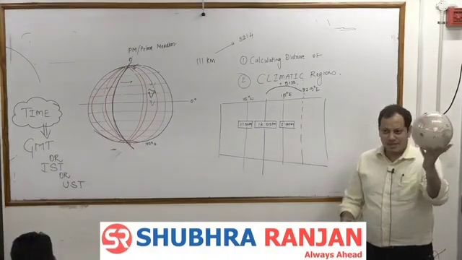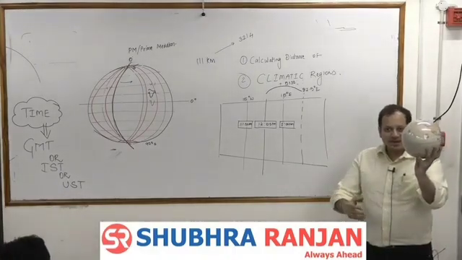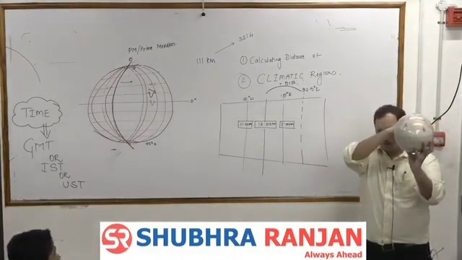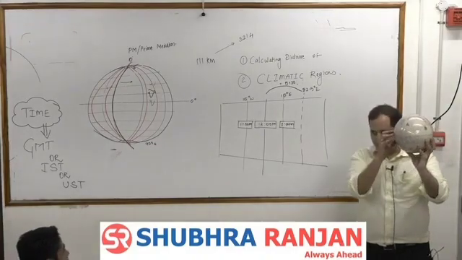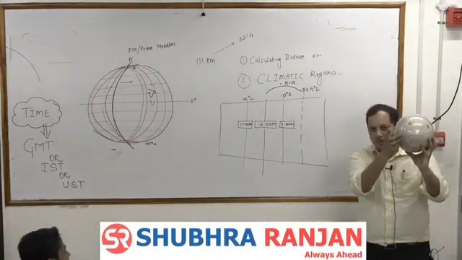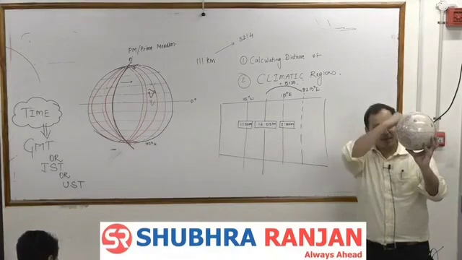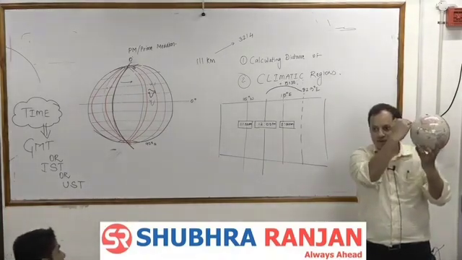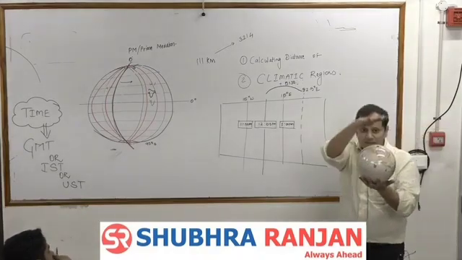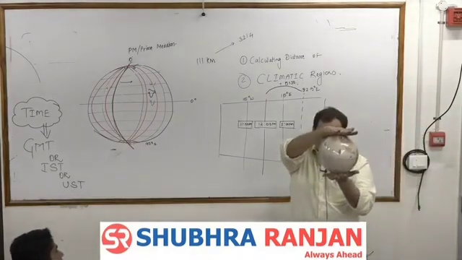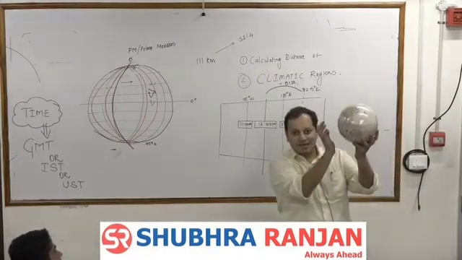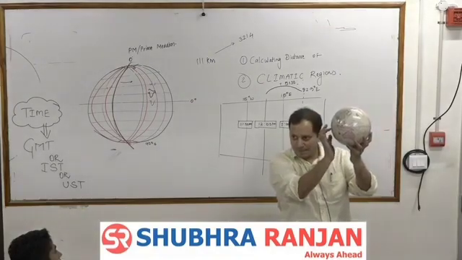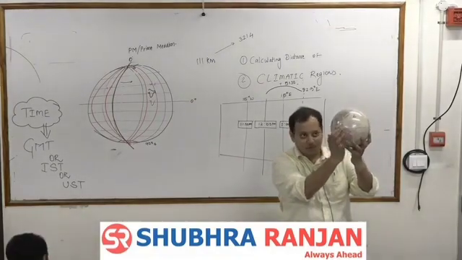Because if this is our earth and I divide the earth into 2 parts, this is a proper central part, the equator is a proper central part. Earth is not exactly a sphere, earth bulges and is flat at the top. So earth has a central part that is the equator, proper. So this is a proper line.